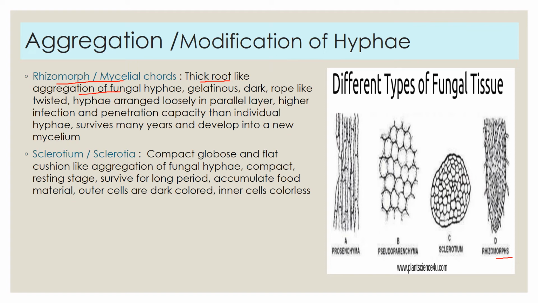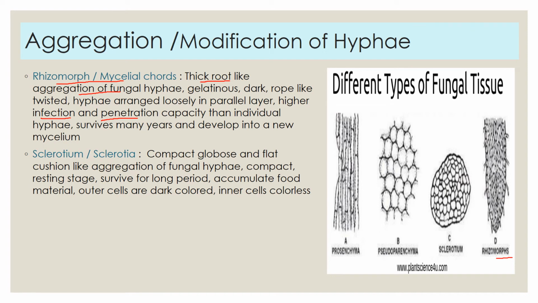The rhizomorph is mostly found in parasitic species, because this structure helps in better infection and penetration than a single hypha.